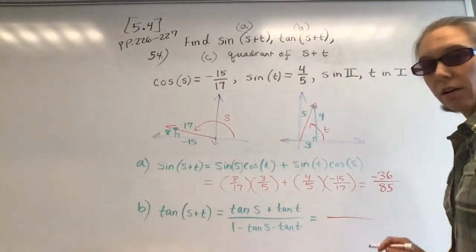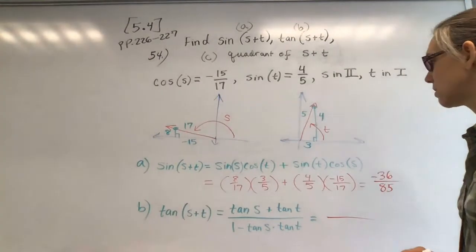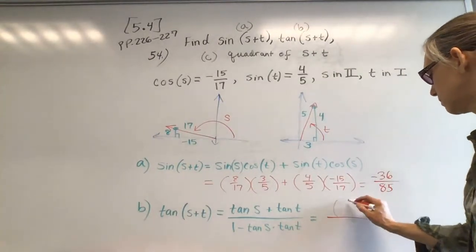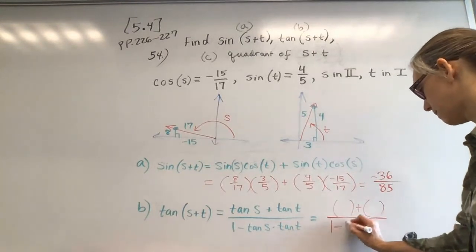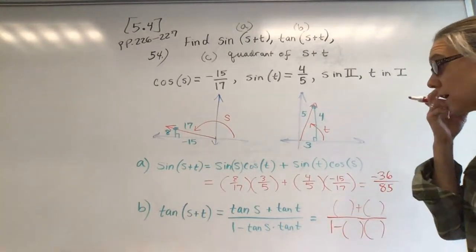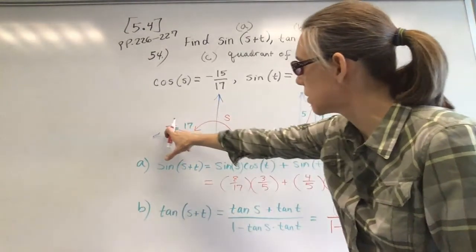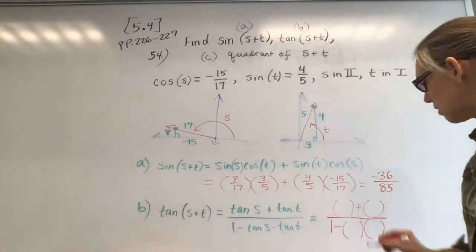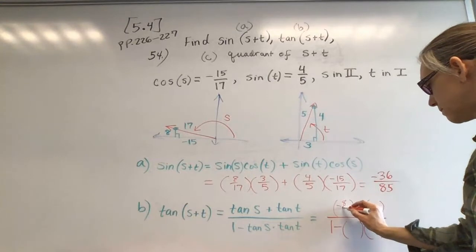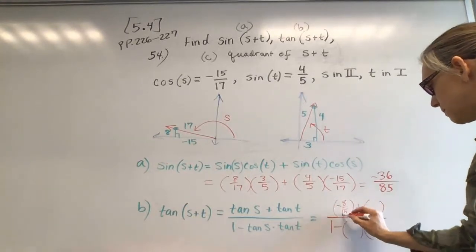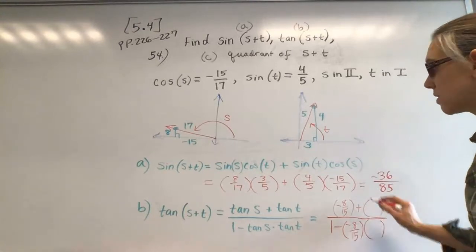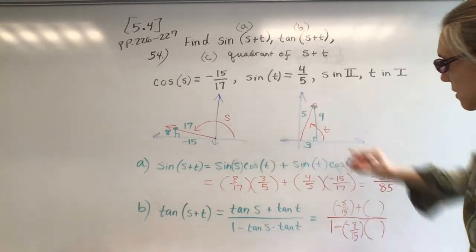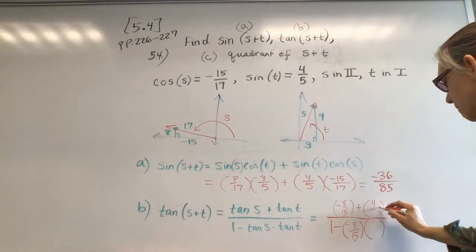Okay, so now the tangent of S and the tangent of T. What are those values? The tangent of S, opposite over adjacent, is negative 8 over 15. The tangent of T, opposite over adjacent, is 4 over 3.